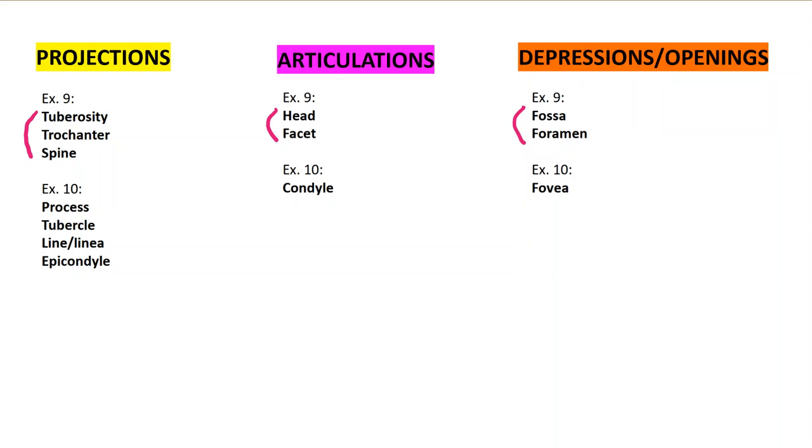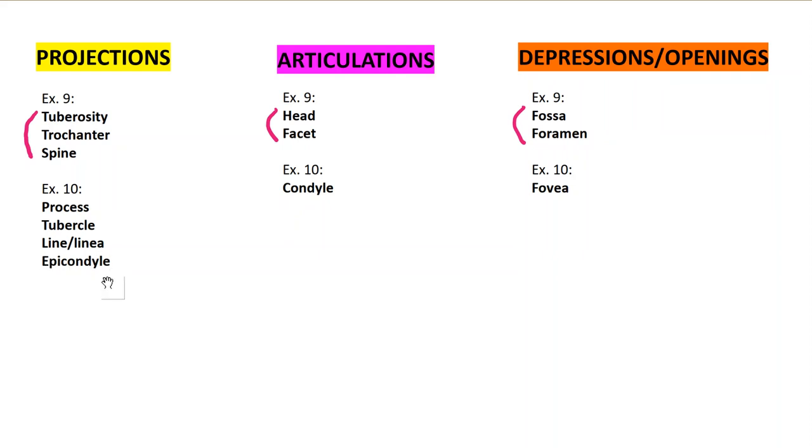And then I've added some vocabulary here: process, tubercle, line, and epicondyle. These are things we're going to see in our appendicular skeleton. Notice that epicondyle is a projection, but condyle is an articulation. So the condyle is the flat, shiny surface that sits on the epicondyle.